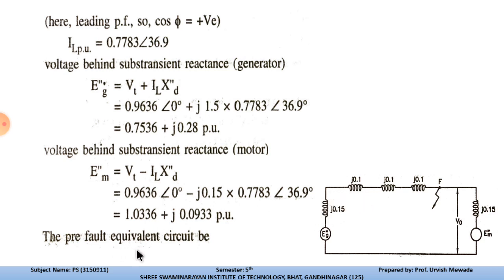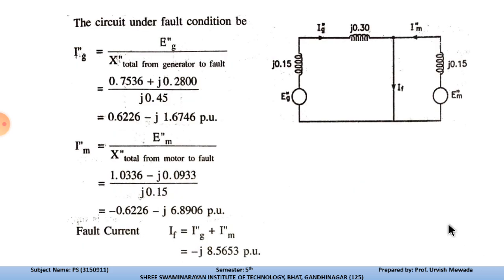The pre-fault equivalent circuit will be this, and the circuit under fault condition. This is the point where the fault takes place, the line from which the fault will be grounded. IG double dash is EG double dash divided by X double dash total from the generator to the fault.